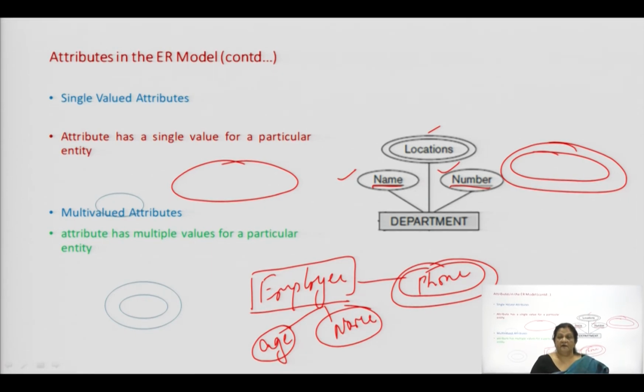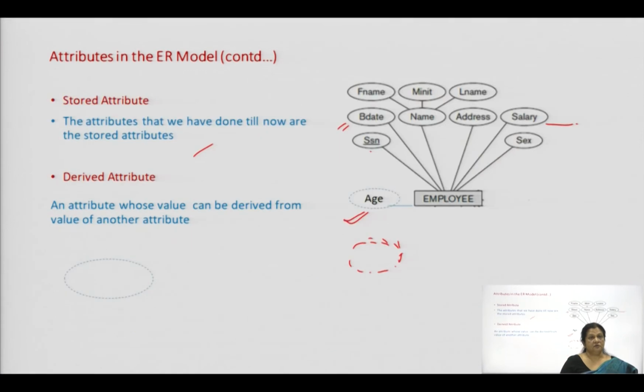It means that every department will have a unique name. Why? Because it is a key attribute. So, name should have a property that will distinguish between the various departments. Similarly, the number is an attribute which should have a unique value for each department. Location is not a key attribute, so it can have the same value for different departments also.